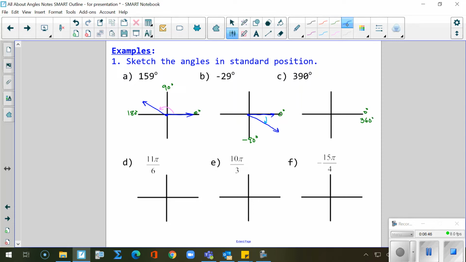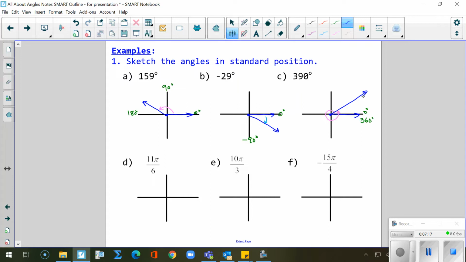So when I draw this angle, initial side, I'm going to go around the circle 360 degrees plus 30 more degrees. That is a 390-degree angle, which would not show as a 390-degree angle unless you had drawn in that pink arrow. Of course, your arrow doesn't have to be pink. Mine is.